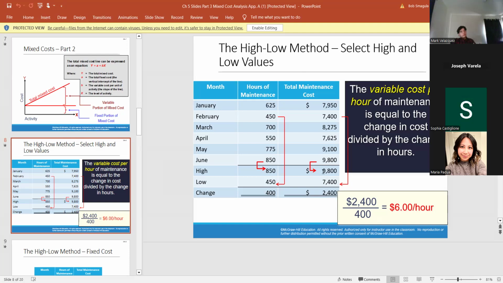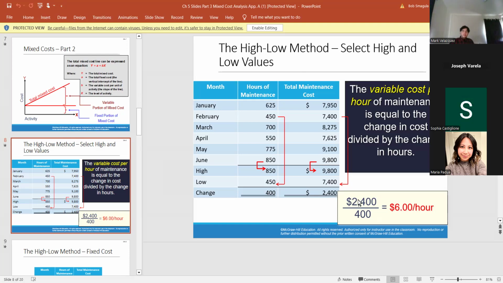The highest looks to me like 9,800, and the lowest, I guess, is 7,400, right? You agree? 98 is the high, 74 is the low. We subtract 7,400 from 9,800, we get 2,400.